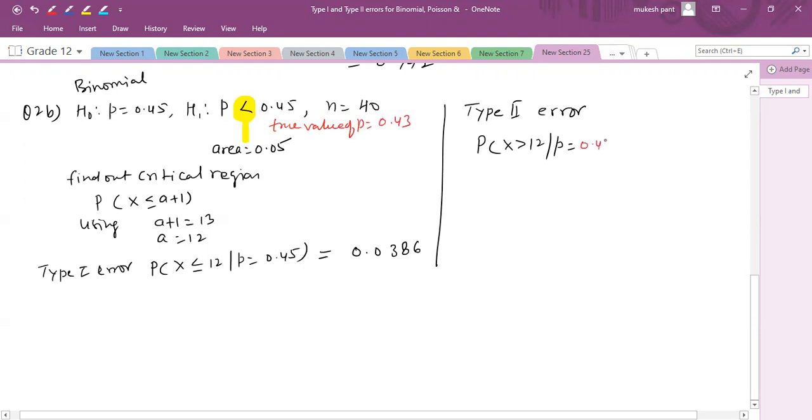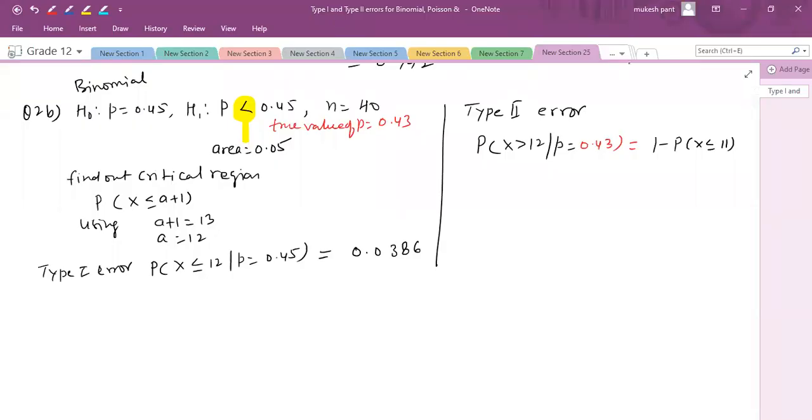So I will write 0.43, and this I can put in the calculator. So x greater than 12 means you will have to do 1 minus probability x less than or equal to 11. So use binomial CD and you can find out yourself. This calculation I'm leaving for you, you can do it yourself.